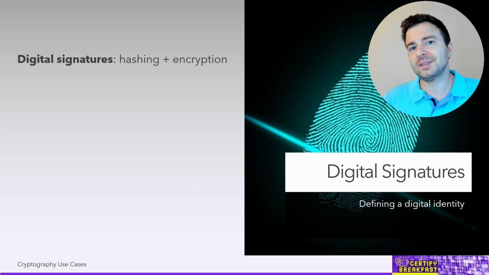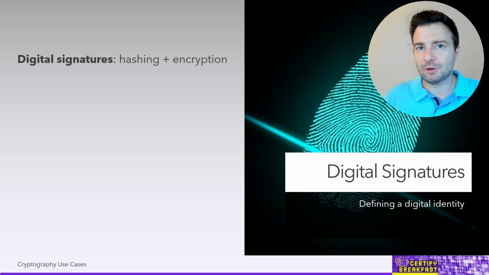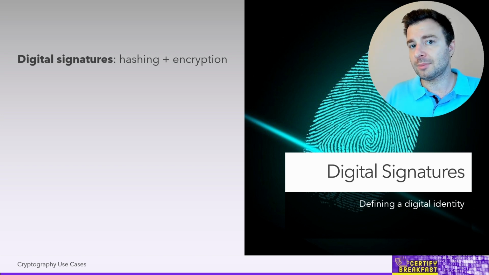So let's go back just one step and remember what we just said a couple of seconds ago about public key cryptography. Remember that we are the only ones that own a specific private key, which means that that certain private key can be used to uniquely identify us as a person, as an identity, which kind of makes sense now if you think about it.